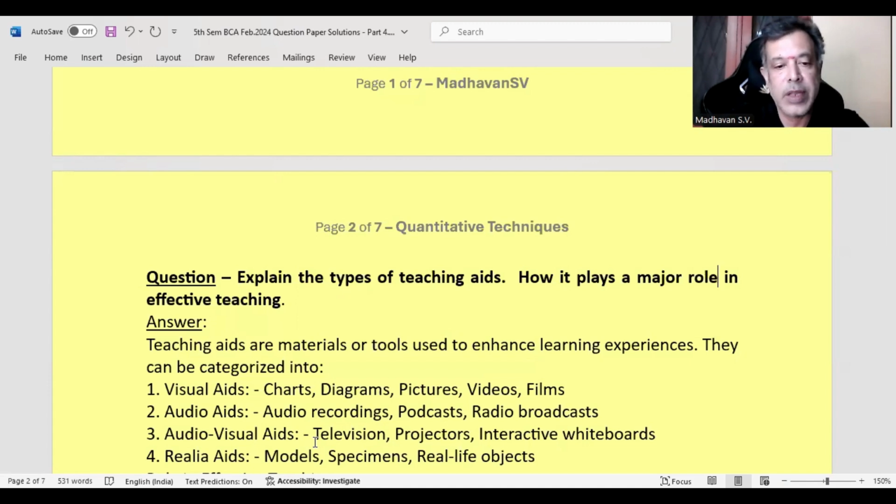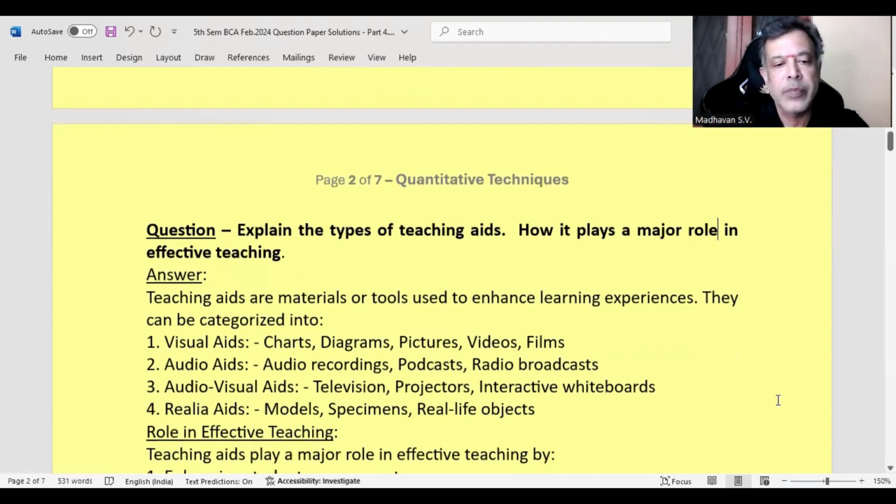Audio-visual aids may be through televisions, projectors or interactive whiteboards. Realia aids use real life objects like a globe to show the world, or models like an aeroplane model. A specimen like a dead frog may be displayed on a table to explain the parts of the frog.